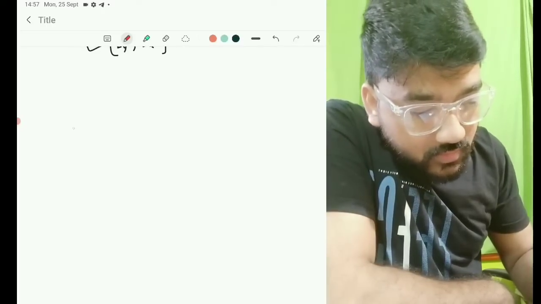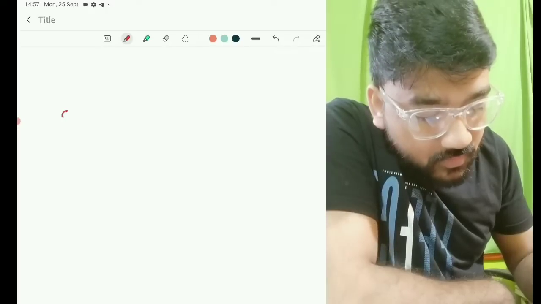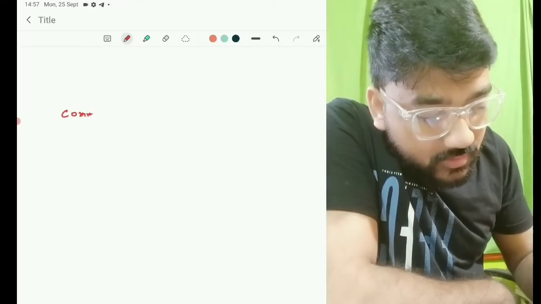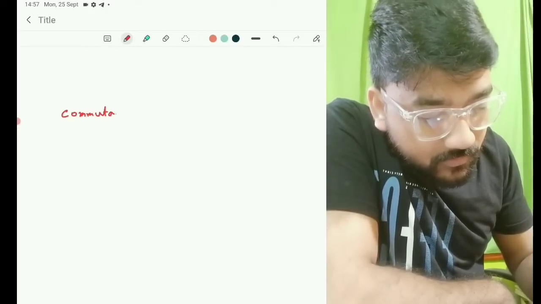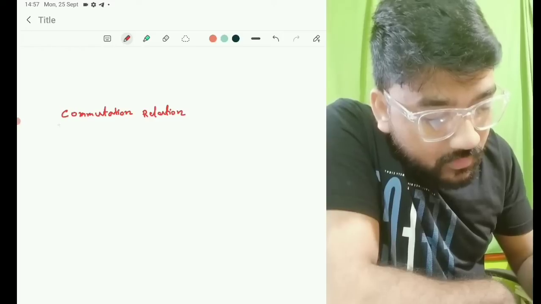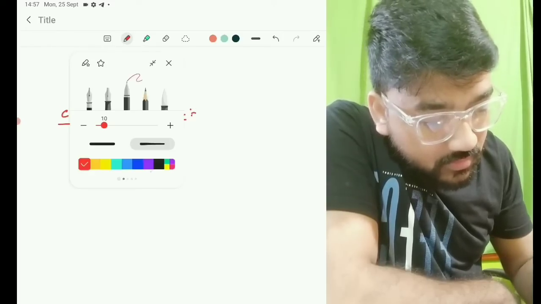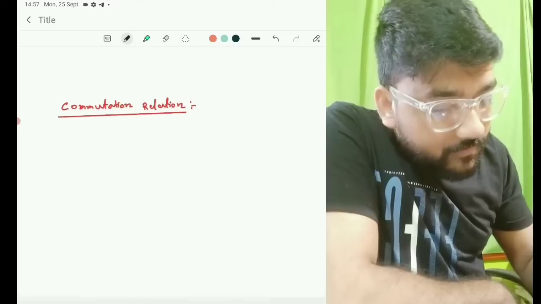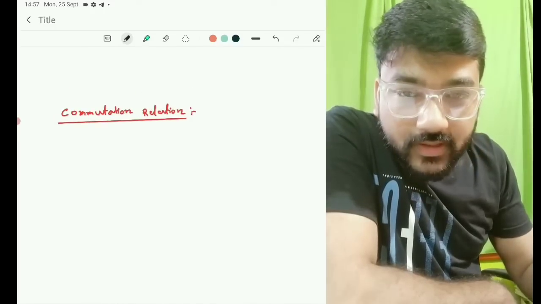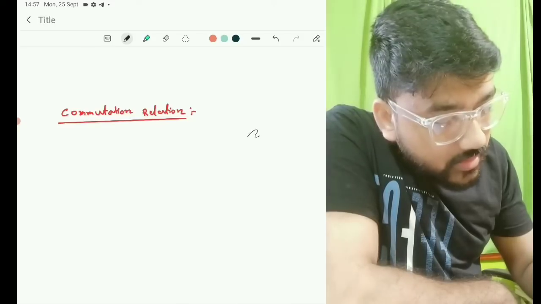So actually we want to discuss some commutation relations. One thing you keep in mind when you talk about these commutation relations: if you move in the anti-clockwise sense, then you have to take a negative sign. Suppose you have x, y, z.